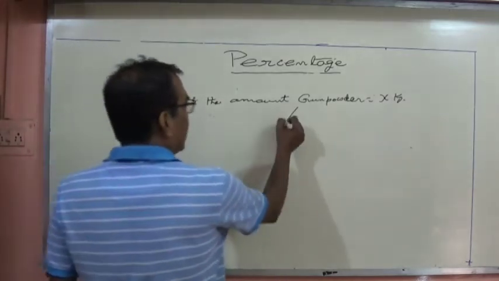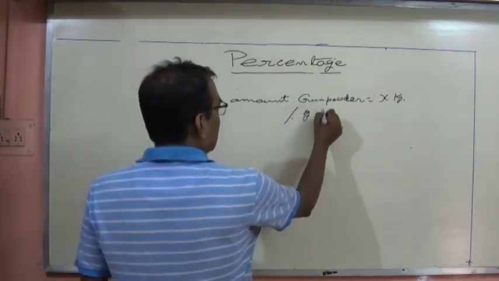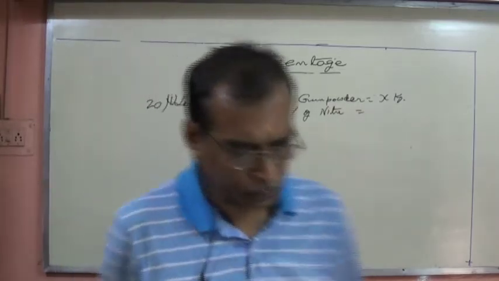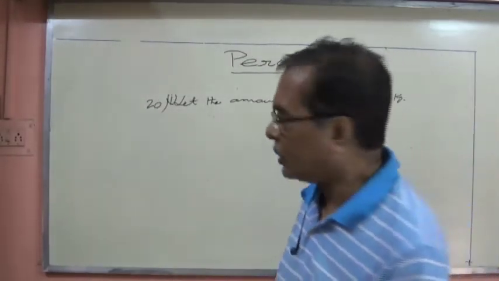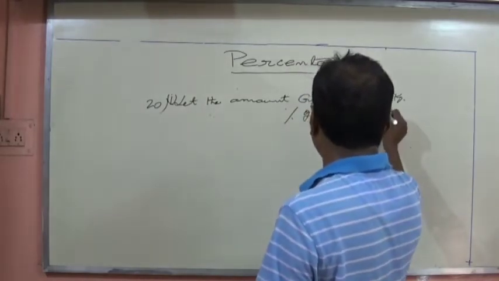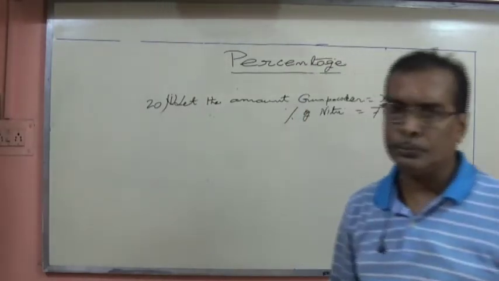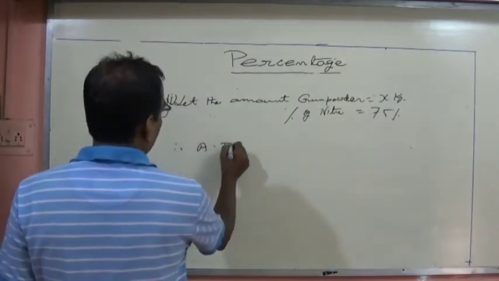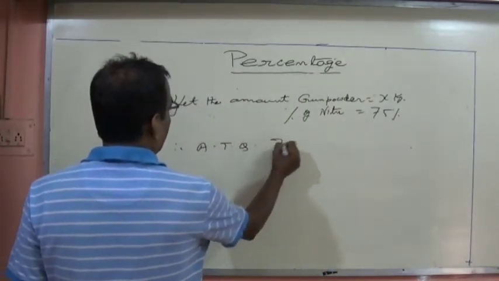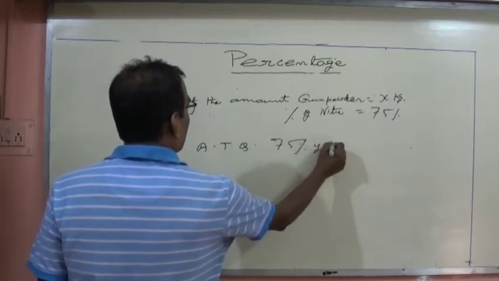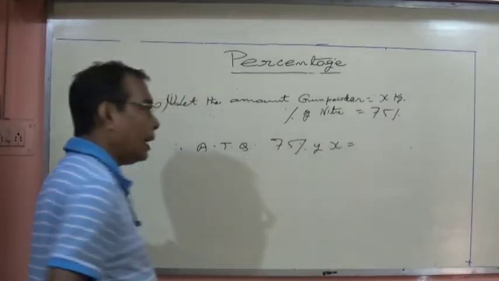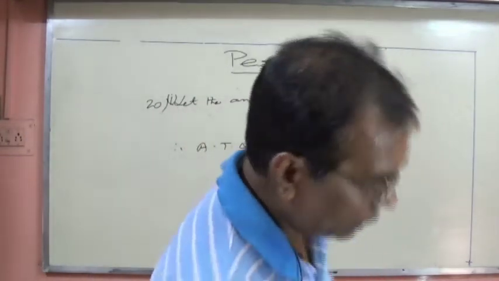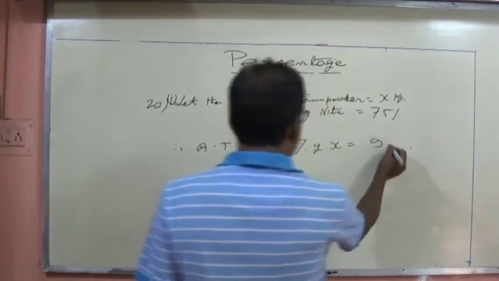And percentage of niter is given as 75%. That is the maximum portion. So according to the question, 75% of the total amount is the amount of niter, which is given as 9 kg.